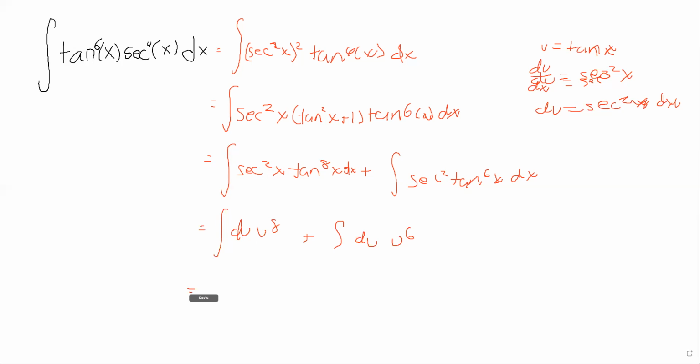We're going to end up with tan to the 9x over 9 plus tan to the 7x over 7 plus c.